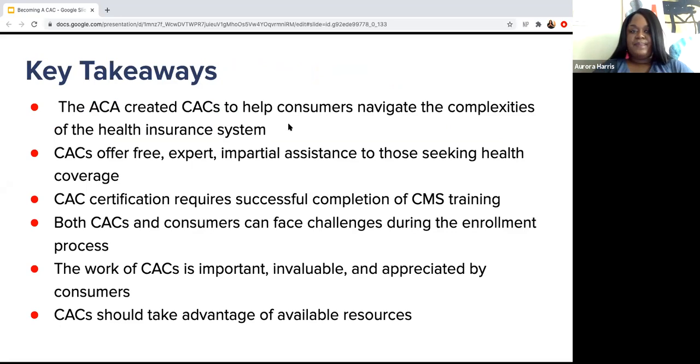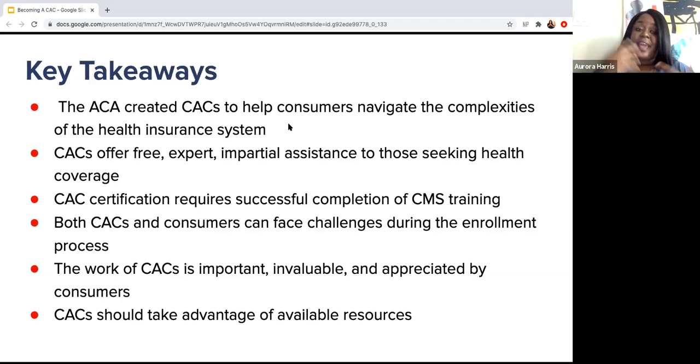So, key takeaways. The ACA created certified application counselors to help consumers navigate the complexities of this new health insurance system. You, as a CAC, will offer free, expert, impartial assistance to people seeking health coverage. You have to get certified by successfully completing those webinars from CMS.